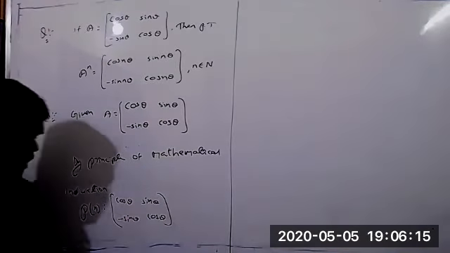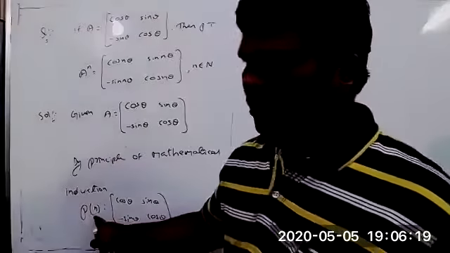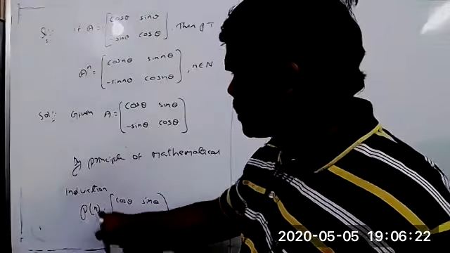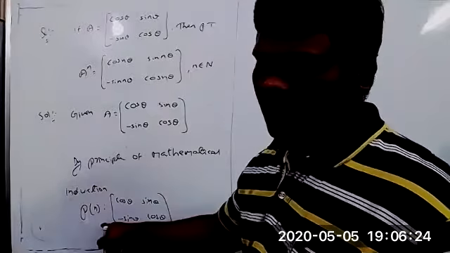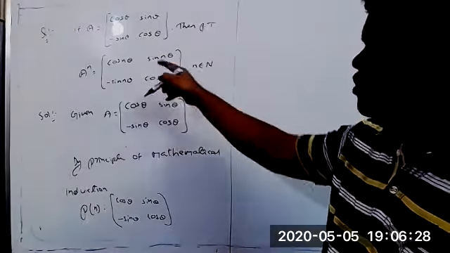But we have to find this value now. That means when you take n equal to 1, compulsorily we have to get the given matrix. This is the A power n matrix that is given, so this matrix we have to prove.